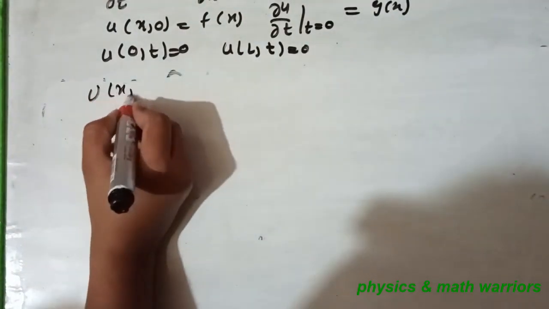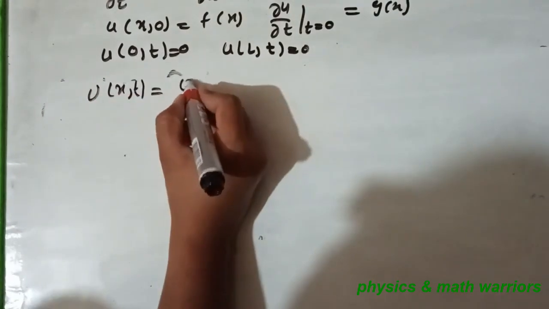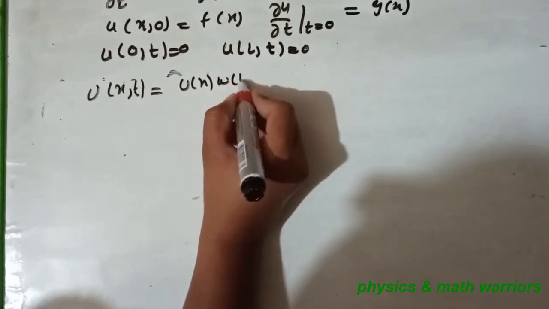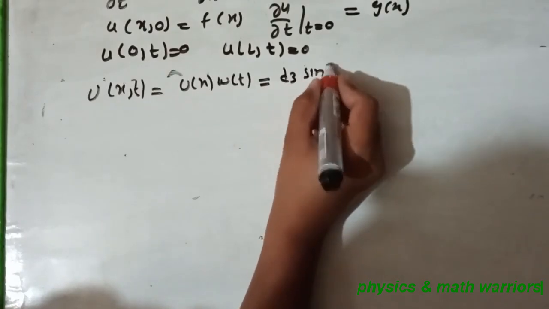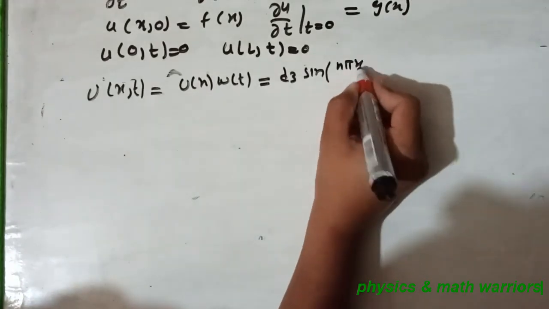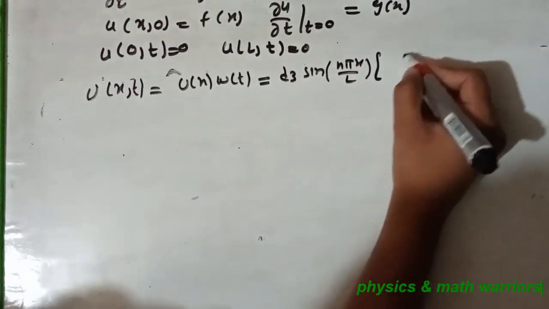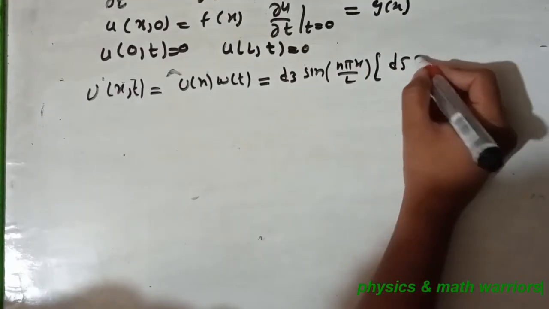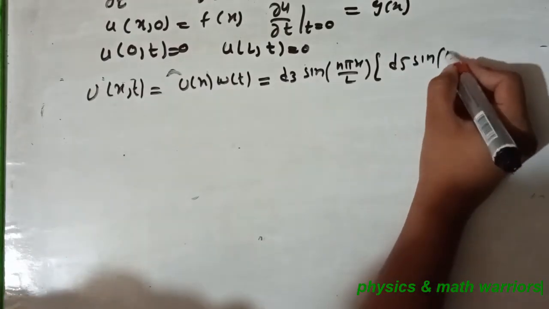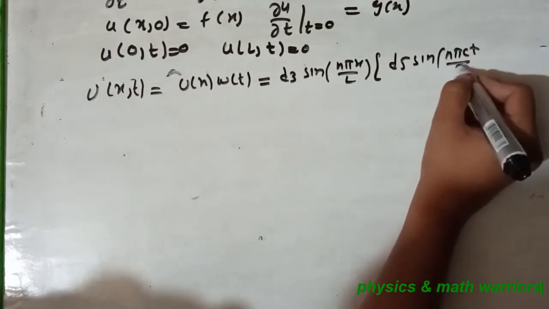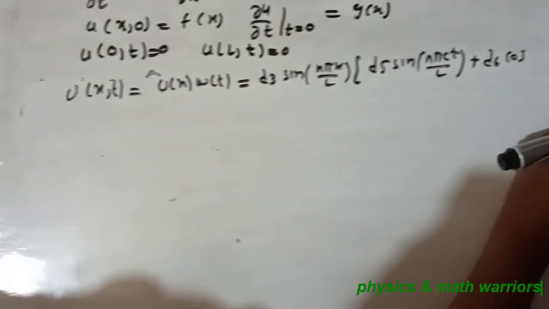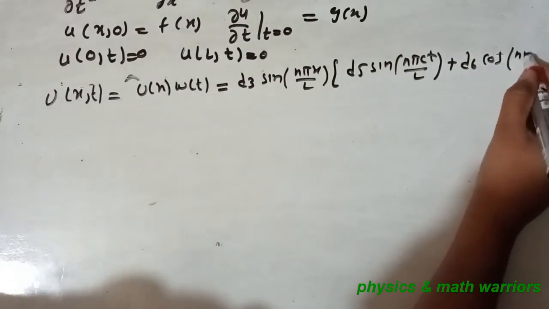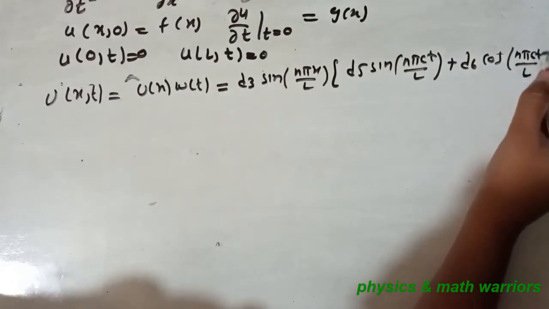U, which is a function of x and t, is equal to U of x times omega of t. U of x is equal to d3 sin(n pi x over L), and omega of t is equal to d5 sin(n pi c t over L) plus d6 cos(n pi c t over L).